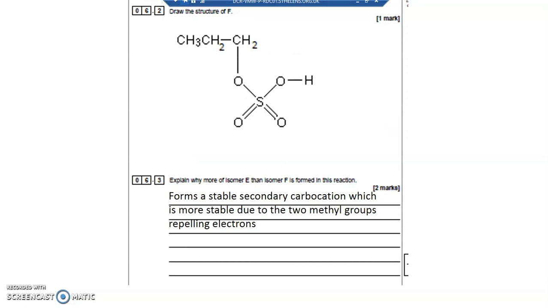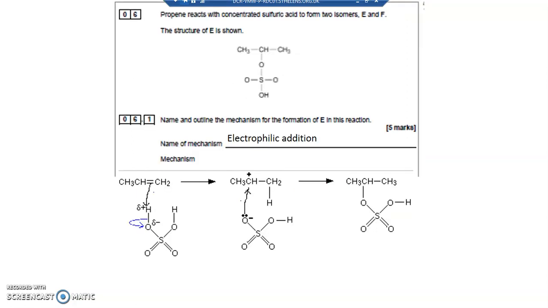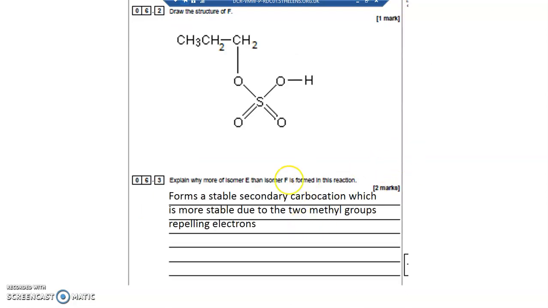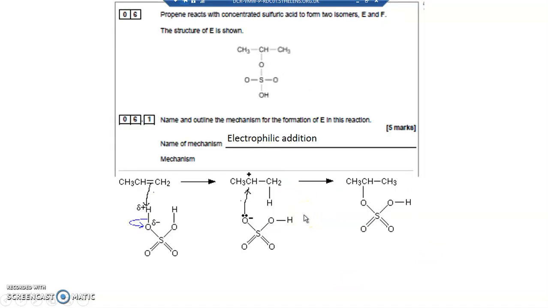And the reason that happens, if you really want to make sure that you get all the marks, is that the two methyl groups either side of the carbocation, to the left and right, repel electrons and lower the size of the plus charge on the carbon. You don't need to mention that bit, but for the second mark, you might need to mention the two methyl groups repel electrons. These two methyl groups here, here, and here repel electrons.